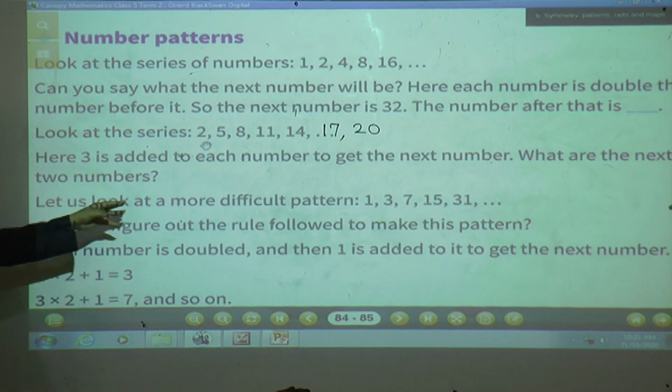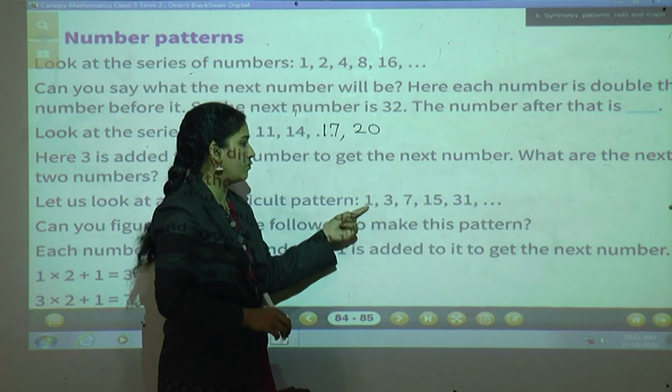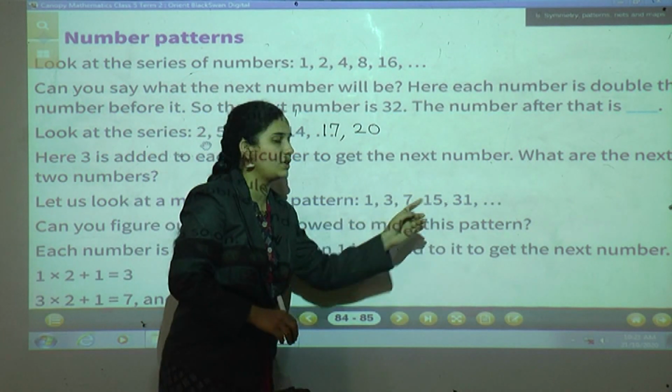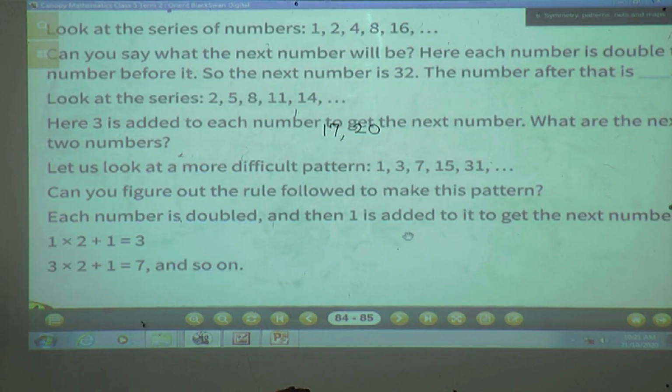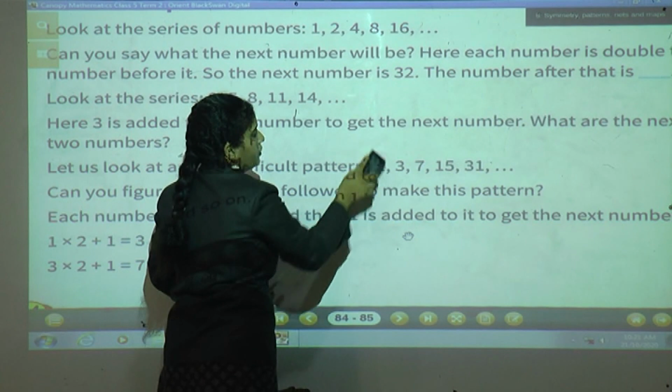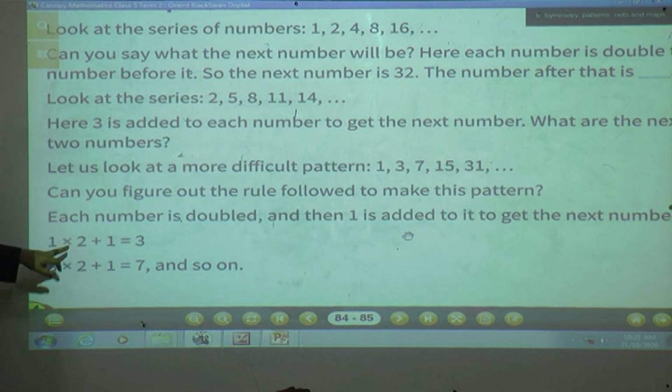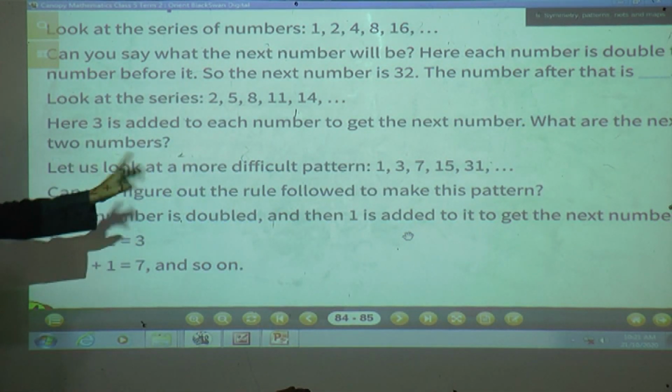See, let us look at a more difficult pattern. Now see here the pattern 1, 3, 7, 15, 31. Now tell me students, which type of pattern is this? See students, here each number is doubled and then 1 is added to get the next number. 1 multiplied by 2, 2, and plus 1, 3.